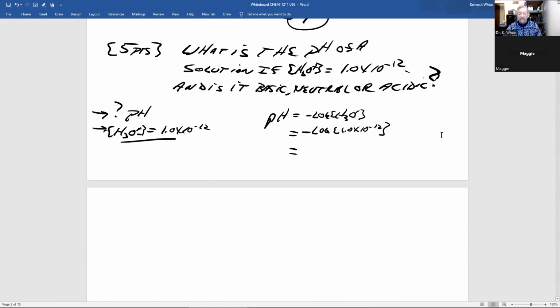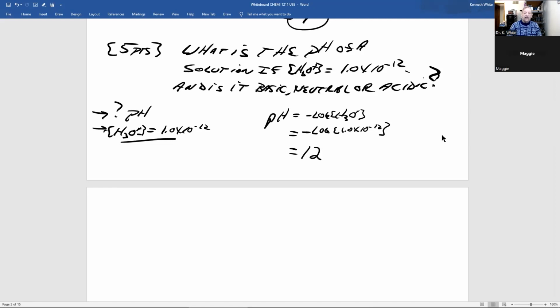All right, well, if the hydronium ion concentration is 1.0 times 10 to the minus x, in this case, x is 12, and therefore the pH is x, which is 12.